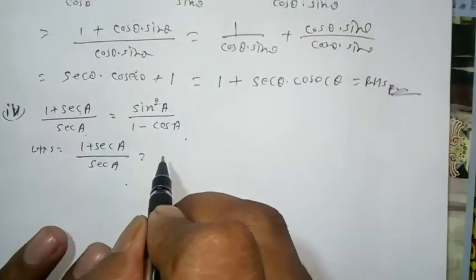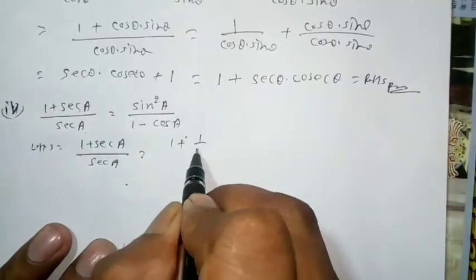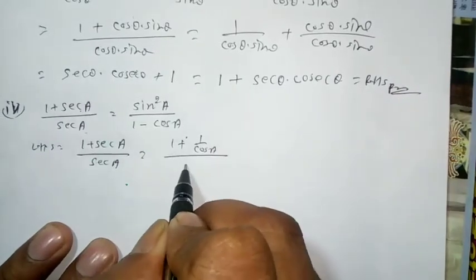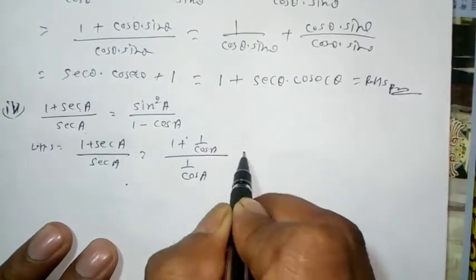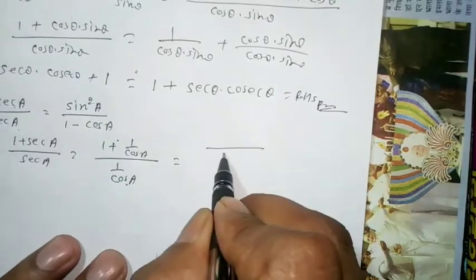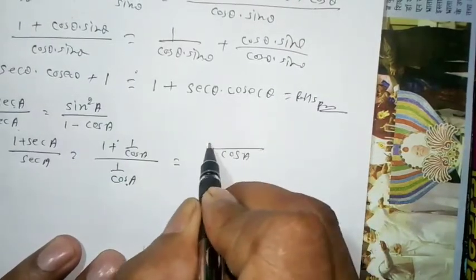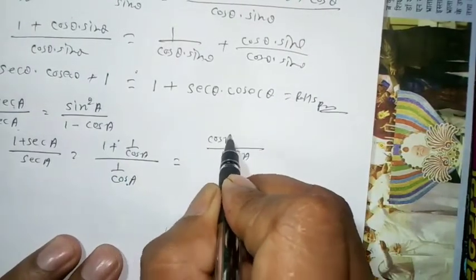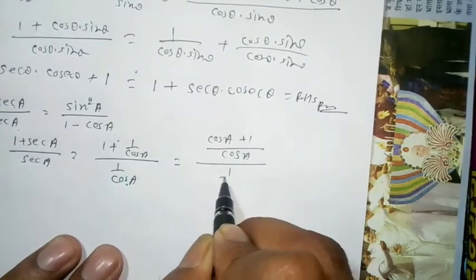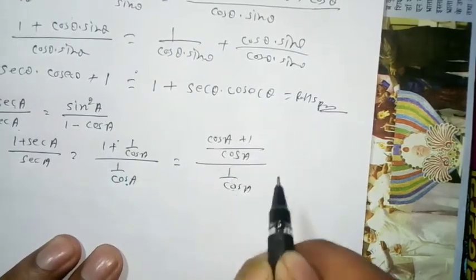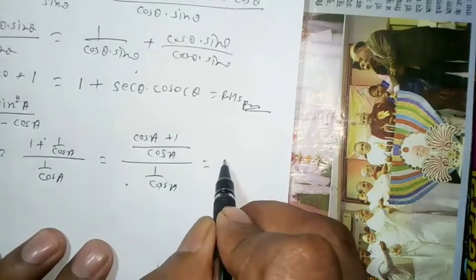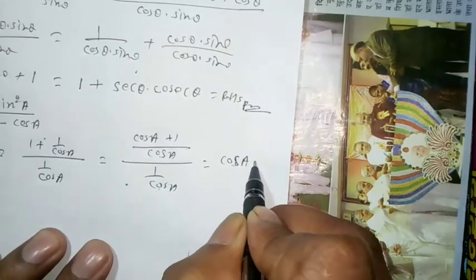We change sec a to 1 by cos a, so it is equal to 1 by cos a. Taking LCM cos a, we get cos a plus 1 by 1 by cos a. Cos a cancels, so we only get cos a plus 1.